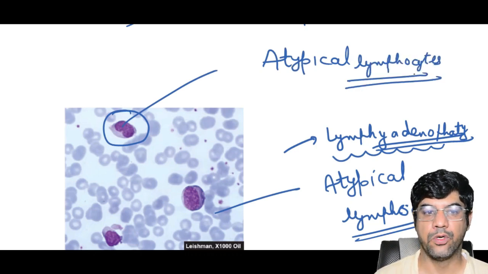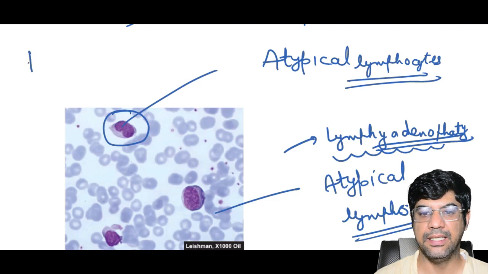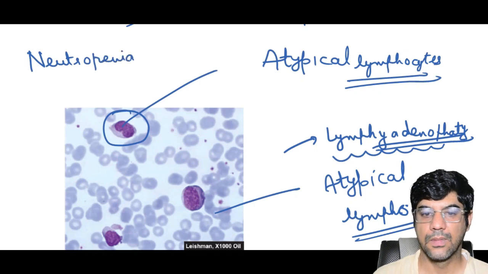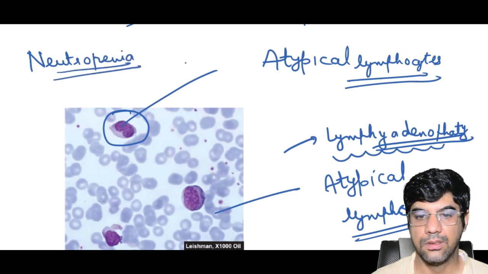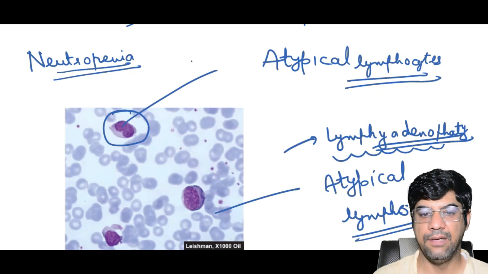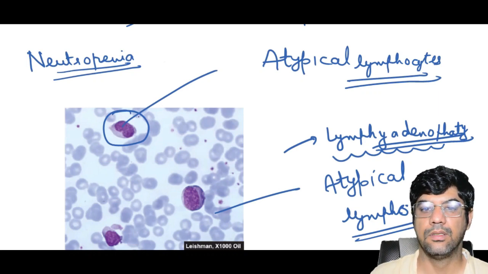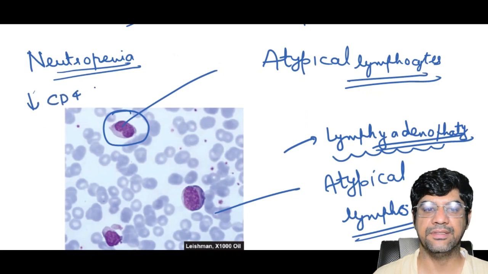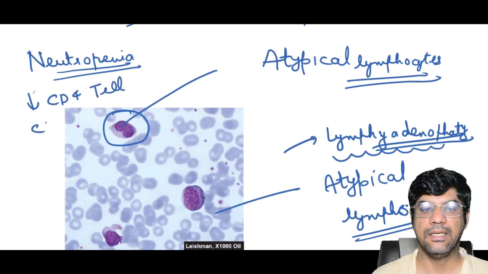Relative neutropenia, that is a decrease in the neutrophils. So atypical lymphocytes could be found. There is a decrease in CD4 T cells and an increase in CD8 T cells.